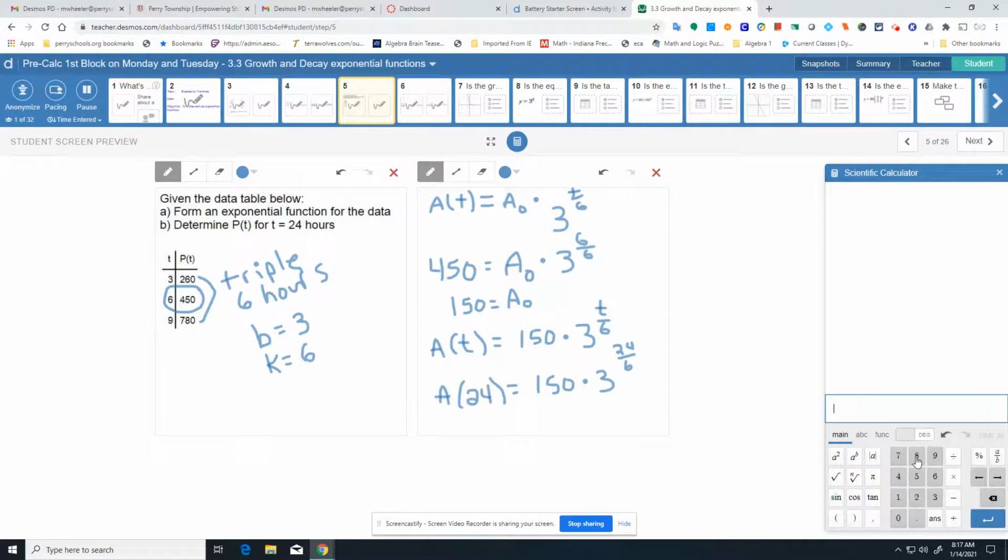So I'm going to take 81 times 150. I get 12,150. I look over there, that seems like a reasonable answer after 24 hours. I'm going to circle that.